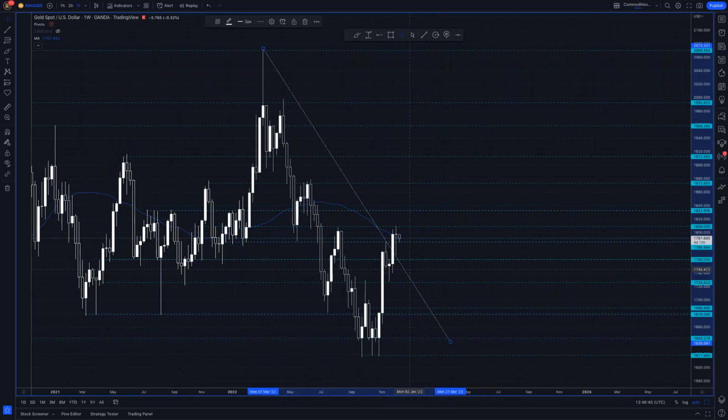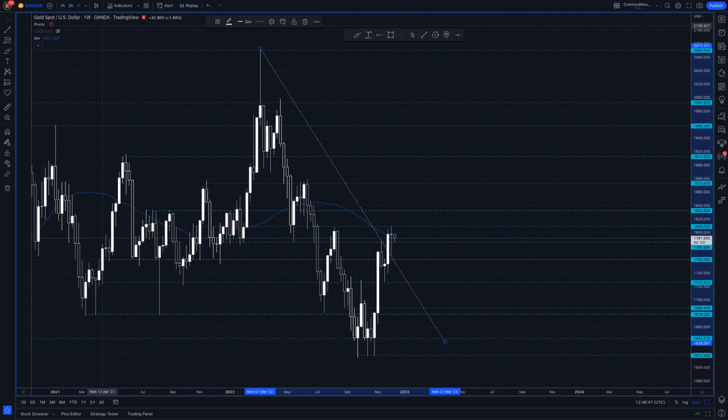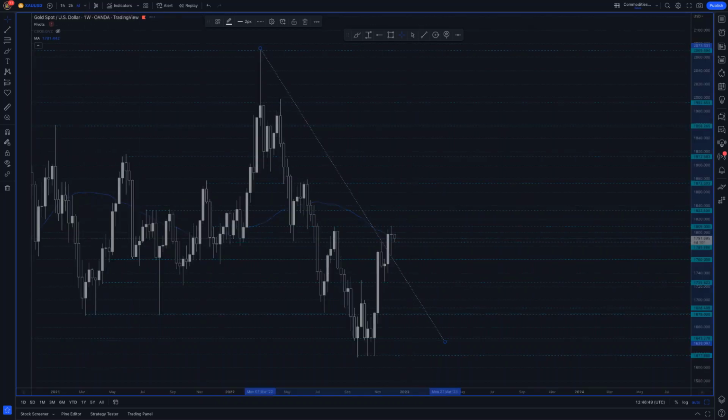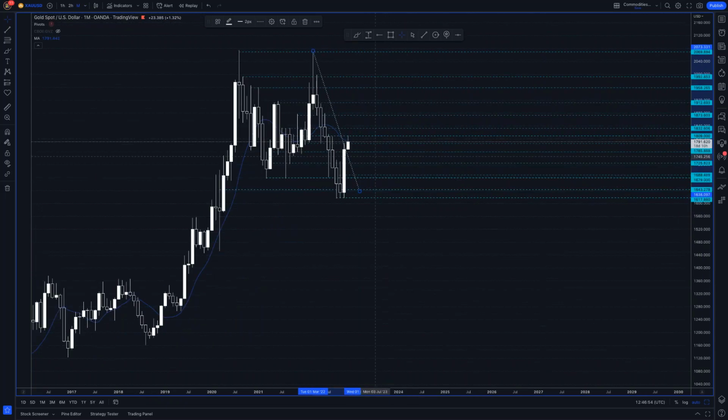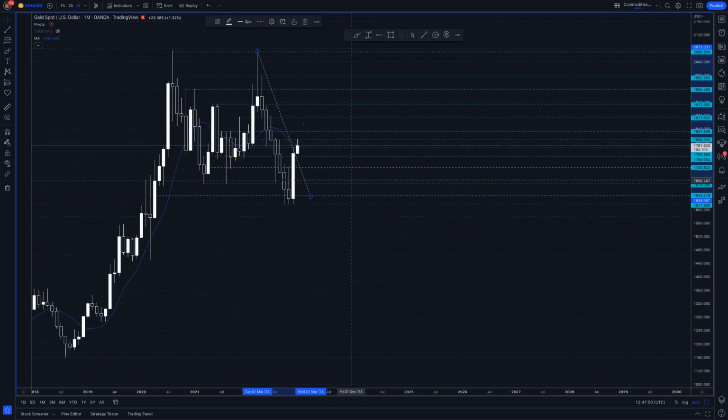Next support is around that 1740, 1720 region. Now on the monthly chart, we're seeing some pretty decent rejections from these lower levels. So I am expecting dip buyers at around 1700, 1680, and I would happily buy the dip myself because I'm expecting the stagflationary environment to be supportive for gold.